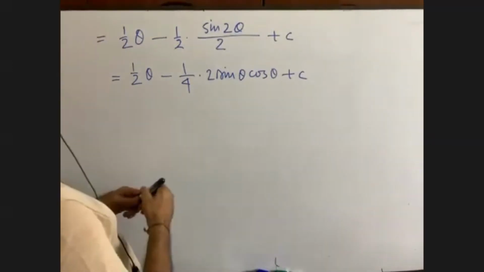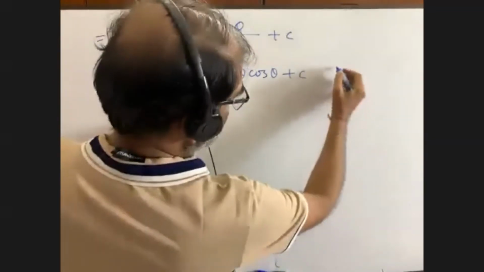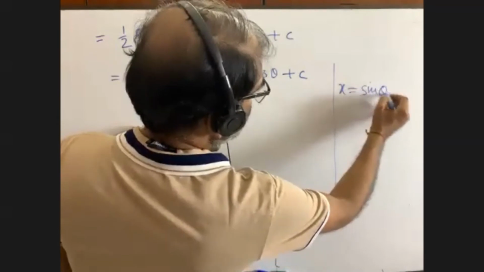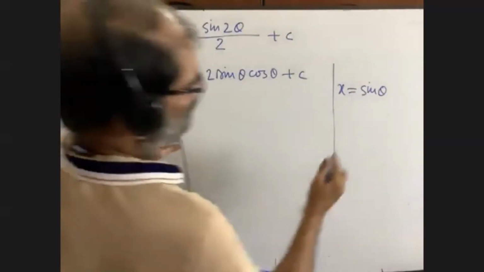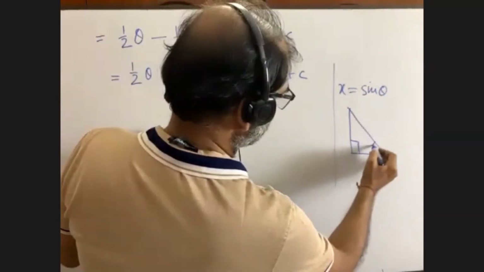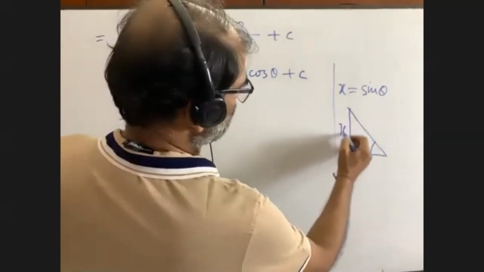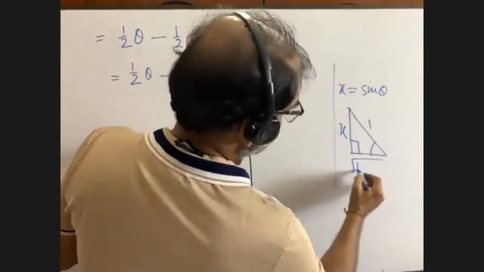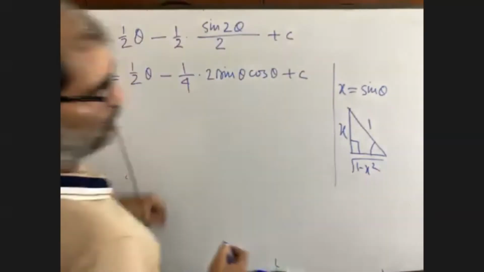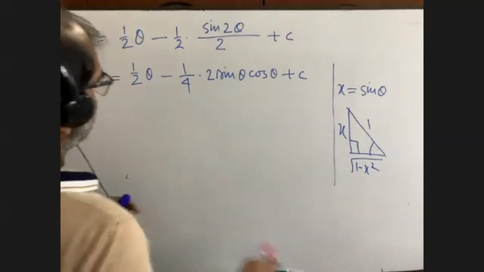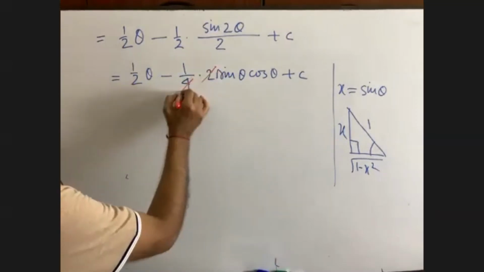Now, at the very beginning of I1, we let x equals to sine theta. x equals to sine theta means it is theta, it is x, so it is 1, x by 1, and it is obviously by Pythagoras theorem root over 1 minus x square, right? Okay, so we are getting here also this will be omitted.